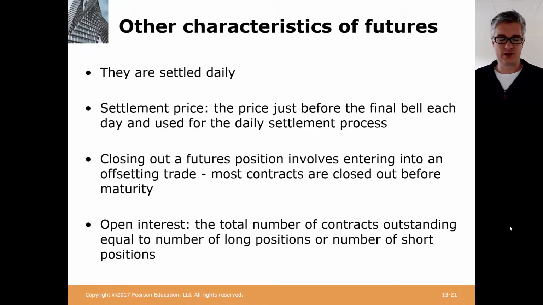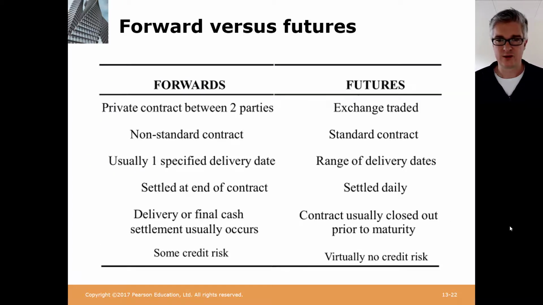You simply try to get the value from the price change in the contract without actually having to deliver anything. So most of these future contracts are closed out before the delivery date. That is a big difference here.